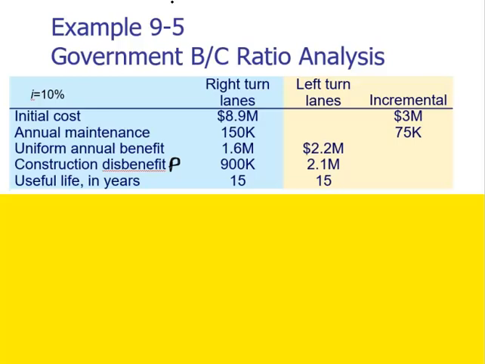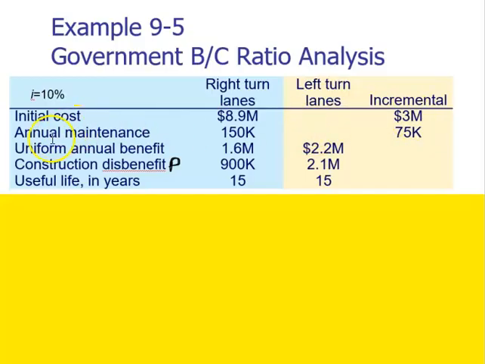So it means that left turn lanes cost us 11.9 million. Okay, but we are not going to use this in our calculation. We are going to use this 3 million.